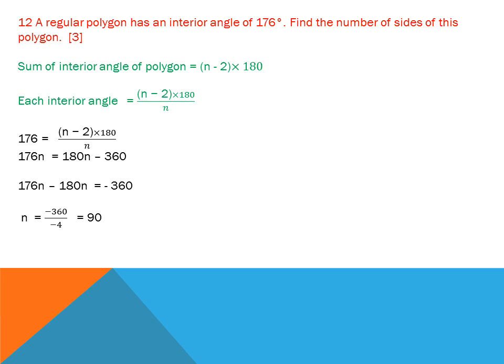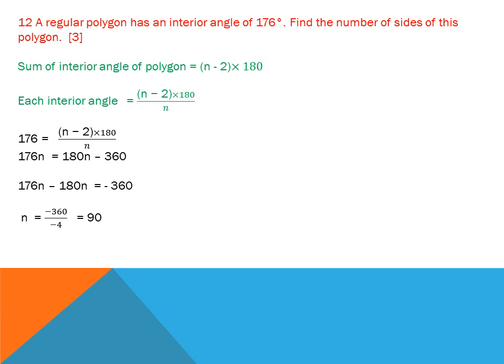Then we will find each interior angle. Each interior angle is given as 176 degrees. Hence, I place the value 176 degrees in place of each interior angle. I will multiply 176 by n, cross multiply here, is equal to 180 n minus 2 into 180. It becomes 176 n is equal to 180 n minus 360. 176 n minus 180 n is equal to minus 360.